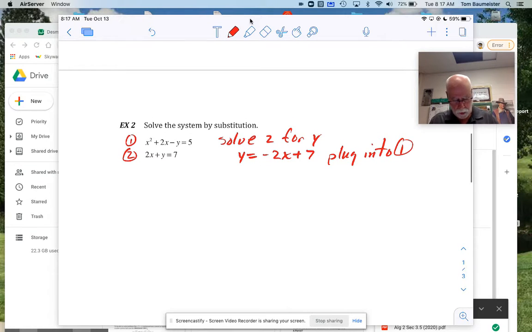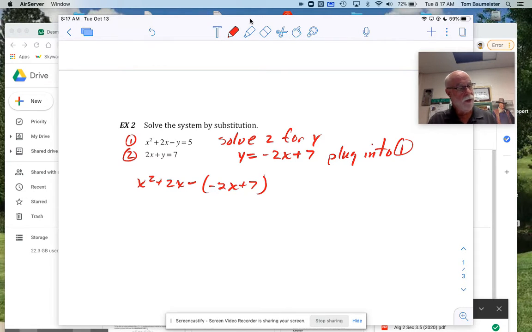Okay, so wherever I see y in 1, I'm going to replace it with 2x plus 7. And remember, I told you whenever I replace a variable by something else, I always put parentheses around it.